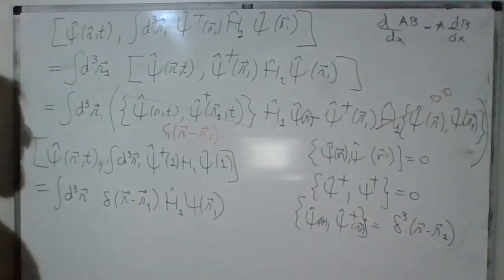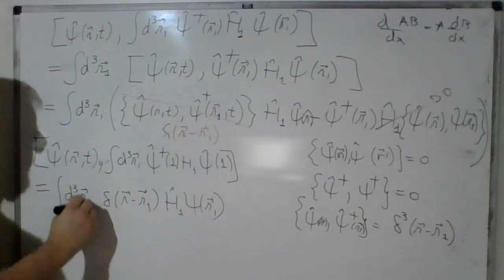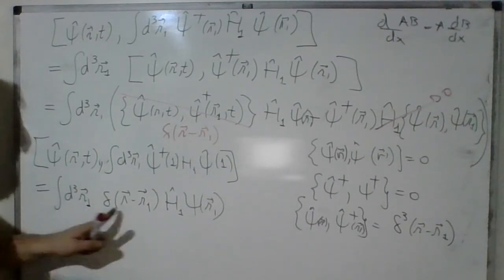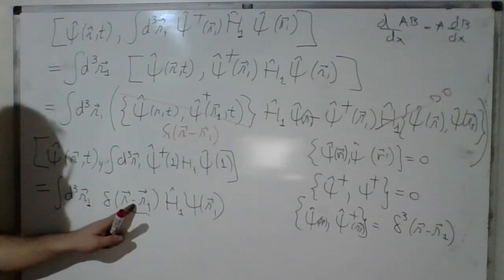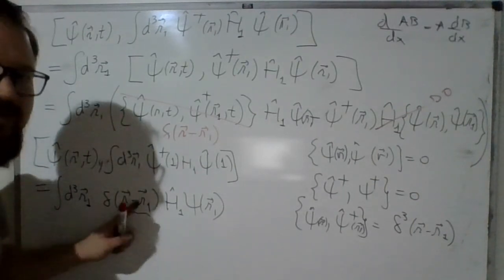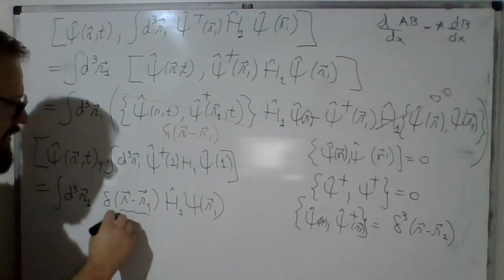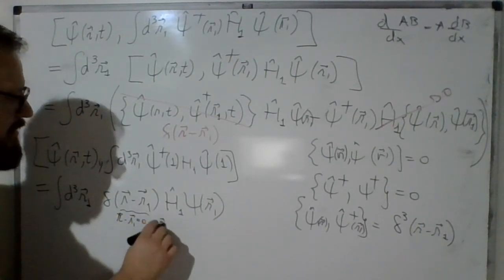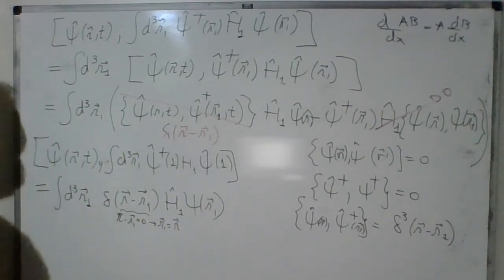And the Dirac delta, when you integrate, just replaces the variable of integration, which is R1, by the value which makes the argument vanish. So R minus R1 equal to 0 corresponds to replacing R1 by R, and you can eliminate the integral.